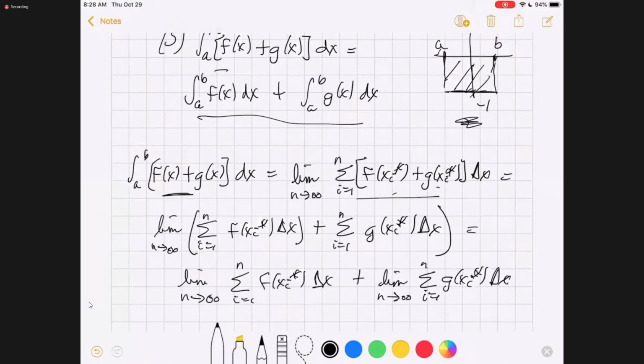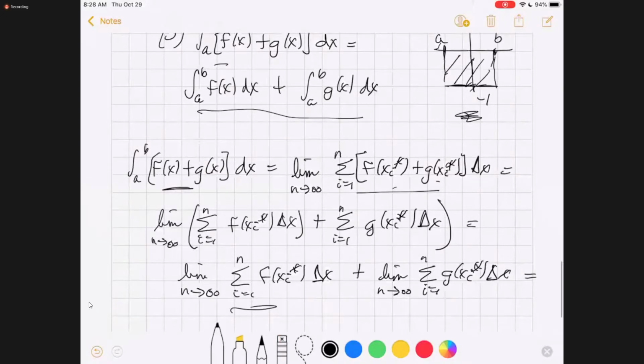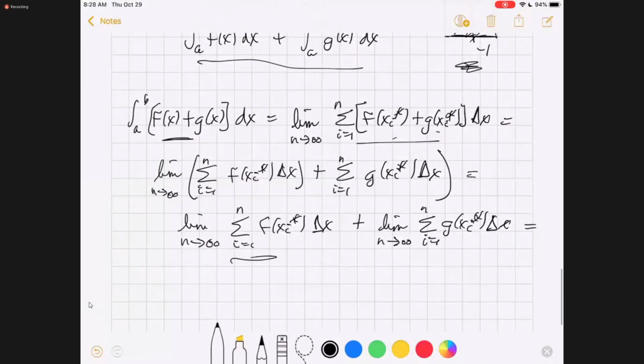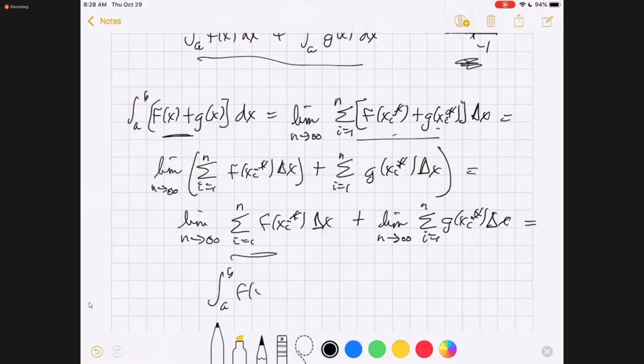That's a delta. And this is just the integral from a to b of f, and this is just the integral from a to b of g.